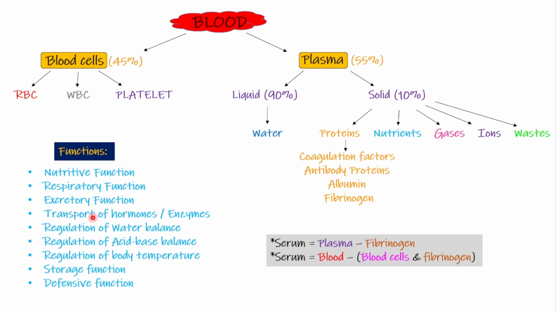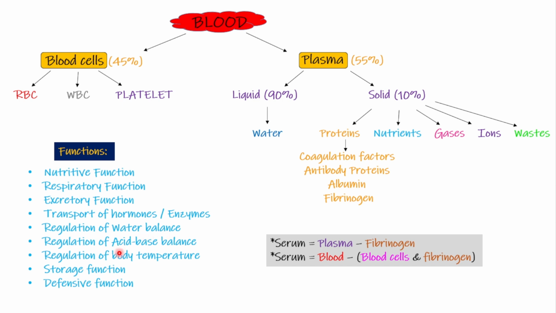Then the blood has transport functions regarding hormones and enzymes. The blood transports hormones and enzymes from one part of the body to another. Then blood is involved in the regulation of water balance, as plasma is 90% water and also has electrolytes in it, along with the kidney.